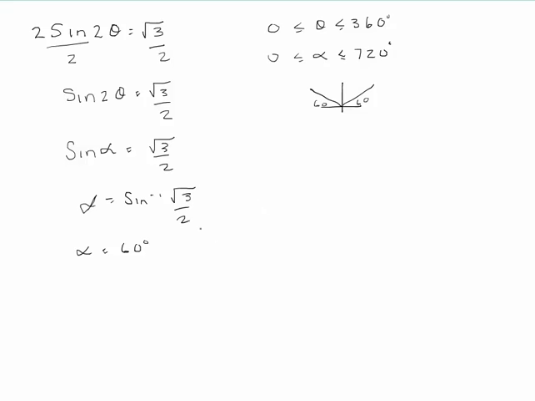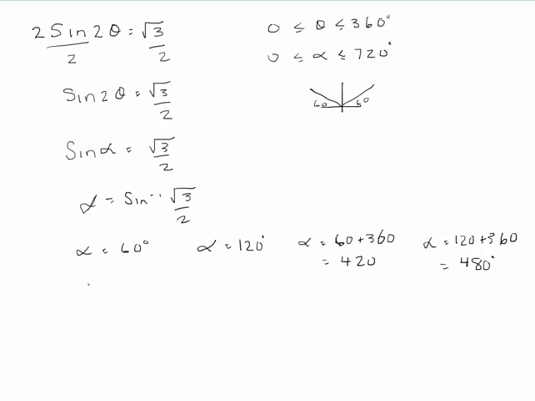So my angles so far is alpha is 60 degrees and 120 degrees, but I need to go up into 720, so I just add 360 to each of them. So 60 plus 360 equals 420, and then the same thing for our last one. 120 plus 360 equals 480 degrees.